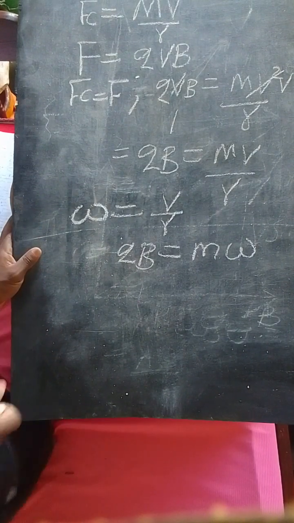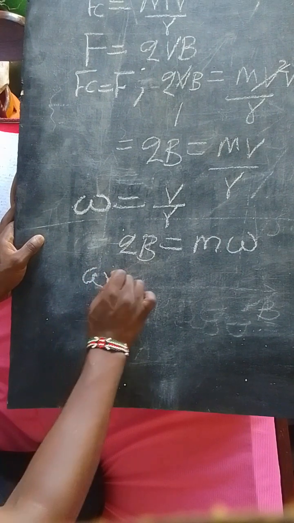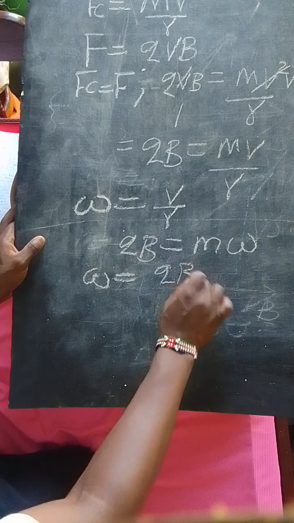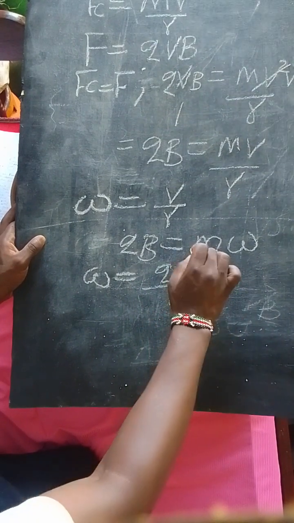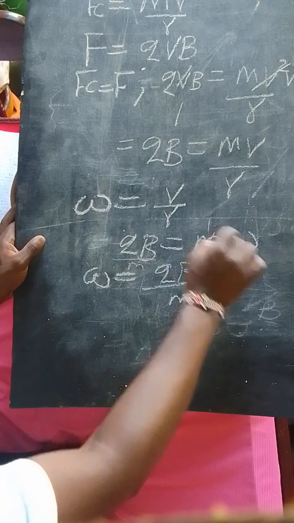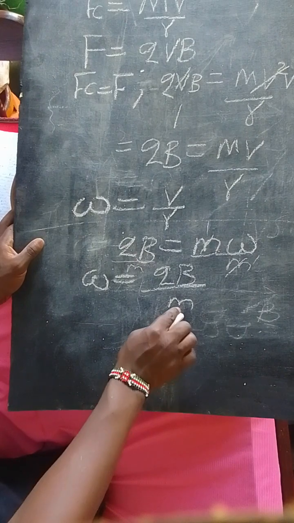Now, we can find the formula for omega, that is the angular velocity, which will be equal to QB over M. Remember, if we divide through here by M and here by M, it will cancel out here, and we bring that parameter M here.